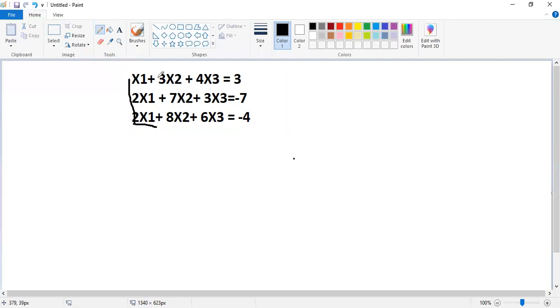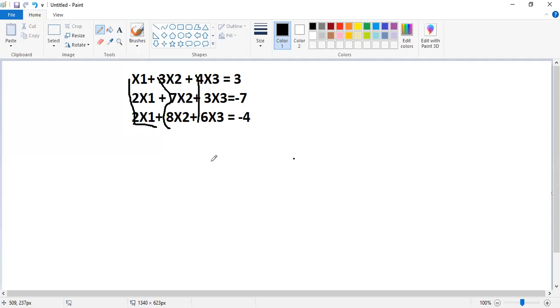The x2, they're also in the same column. Then the x3, they're also in the same column. Then it means that we can move on to the next step. Let's say if x2 was here and x1 was here, we would have had to interchange them so that the x1 will be on the same column, the x2 on the same column, and the x3 on the same column. Please, I hope you understand this part.